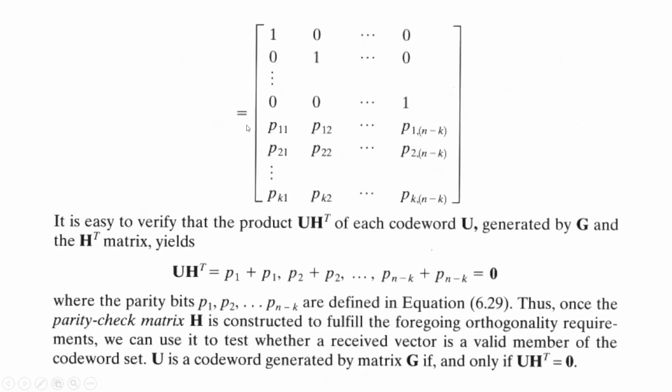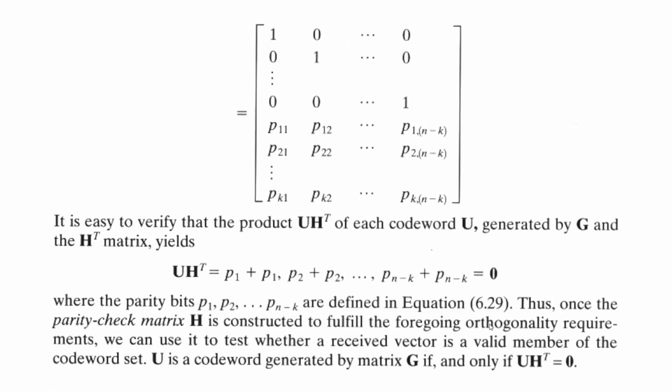So the point is that from the generating set of vectors, I can generate the parity check matrix at any point of time. Now we can verify the product: the code word generated by G multiplied with the transpose of the parity check matrix H will always lead to a zero matrix, once the parity check matrix is constructed to fulfill the foregoing orthogonality requirement.